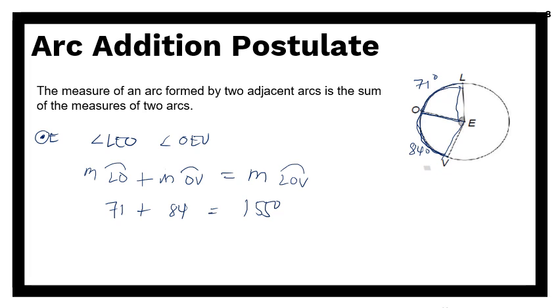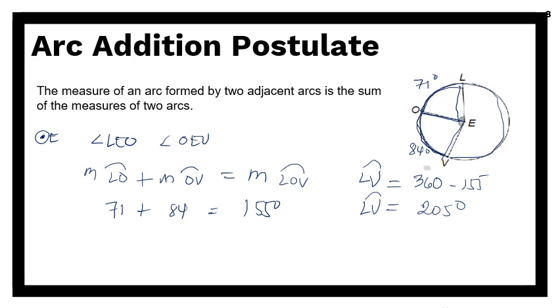Now, let us get the measure of arc LV, the one on the outside. Again, the total measure of a circle is 360 degrees. Given LOV, which is 155, let us subtract: 360 minus 155 is 205 degrees. That is arc LV.